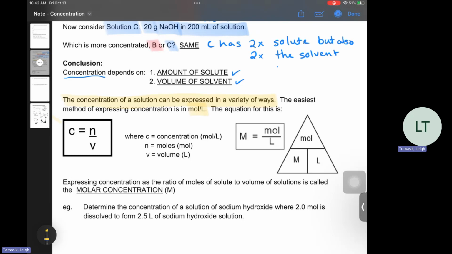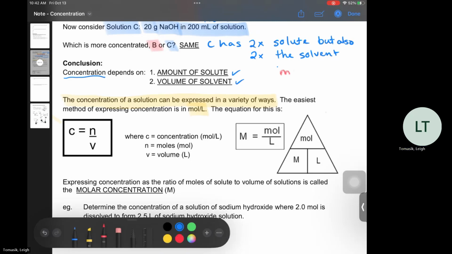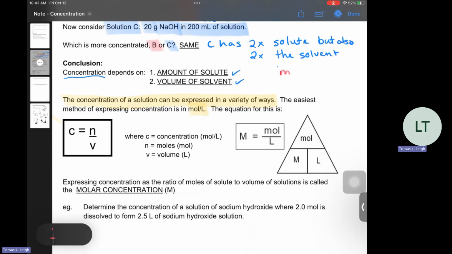So we find out how many moles are in our solute, and we find out how many liters are in our solvent, right? So we have moles of solute, and we have liters of solvent.